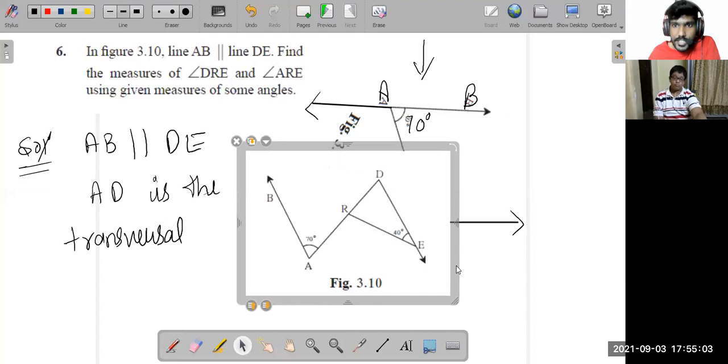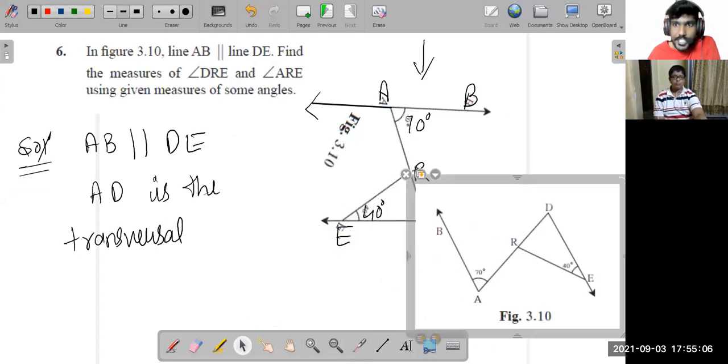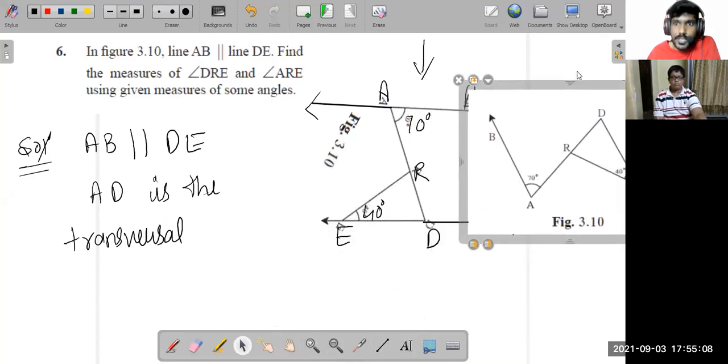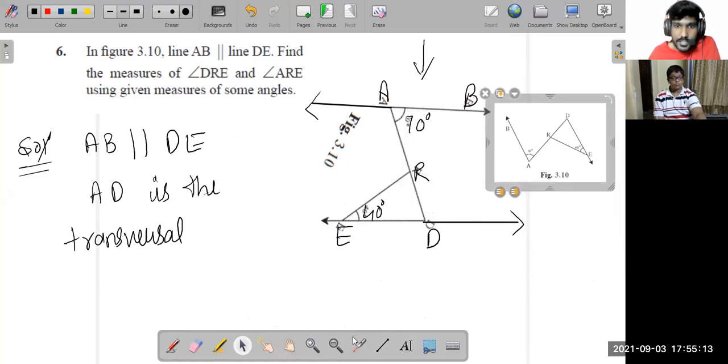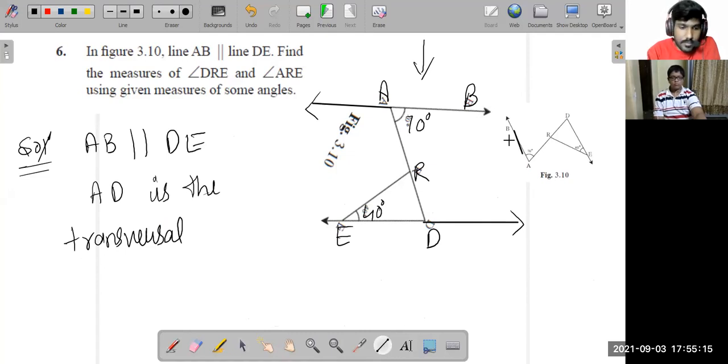It is this same diagram, but I have just tilted it because they have said AB is parallel to DE, and I want to use the concept of transversal. Fine? Any confusion? No, sir.